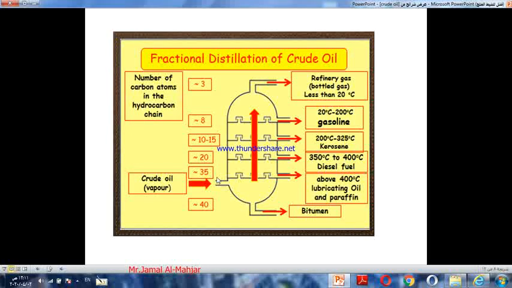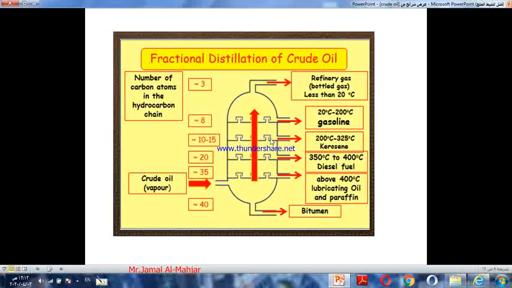Now here we have another fraction, with around 35 carbon atoms. This one we call lubricating oils, and their boiling point is above 400 degrees Celsius. What remains here? The compounds that have more than 40 carbon atoms are called asphalt or bitumen.